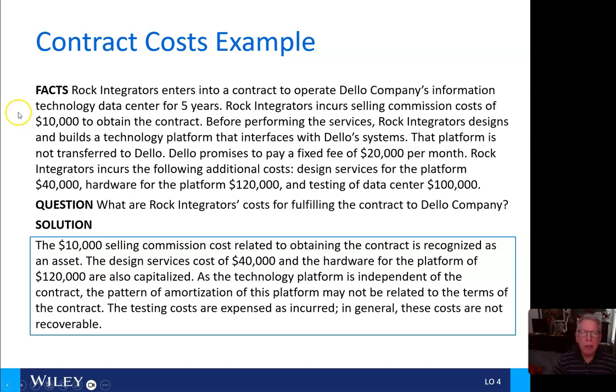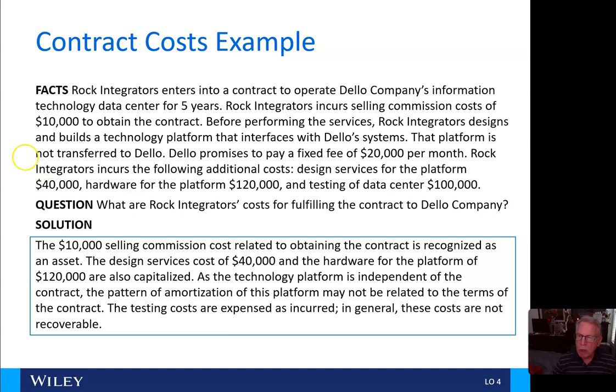Rock Integrators incurs selling commission costs of $10,000 to obtain the contract. Before performing the services, Rock Integrators designs and builds a technology platform that interfaces with Dell systems. That platform is not transferred to Dell. Dell promises to pay a fixed fee of $20,000 per month.